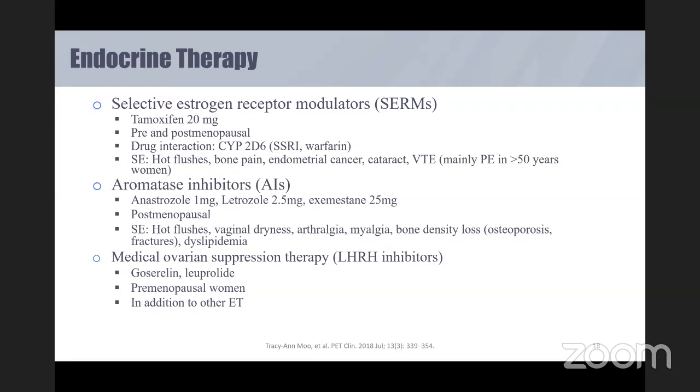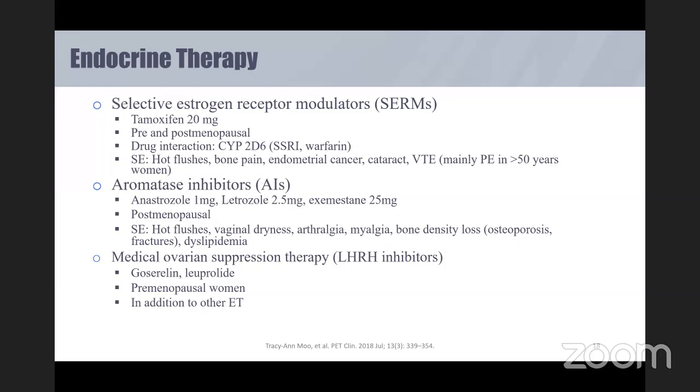Also we have medical ovarian suppression therapy, the LHRH (luteinizing hormone releasing hormone) inhibitors, which are goserelin and leuprolide. They are used for premenopausal women to suppress the ovarian production of estrogen, so that there is no more estrogen feeding the breast cancer with fuel to grow.